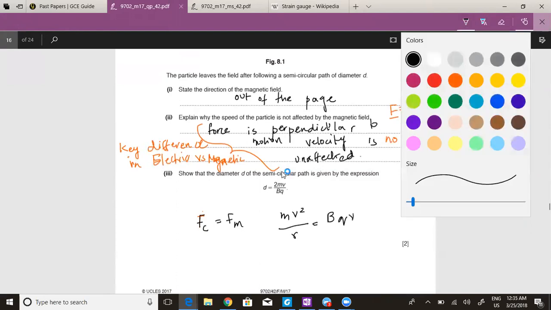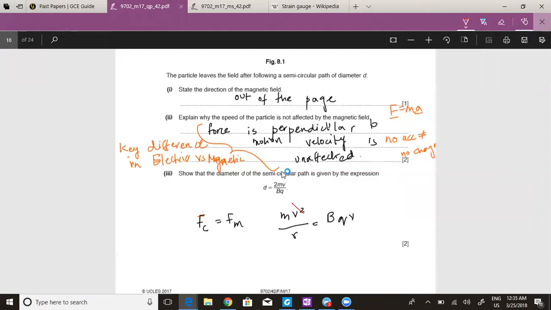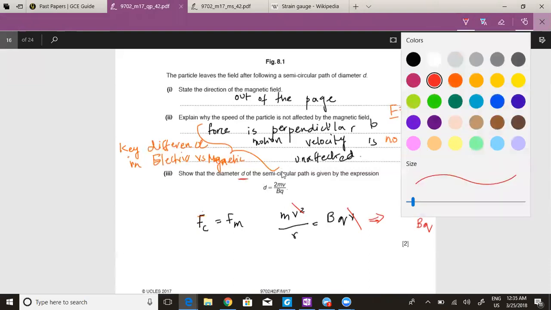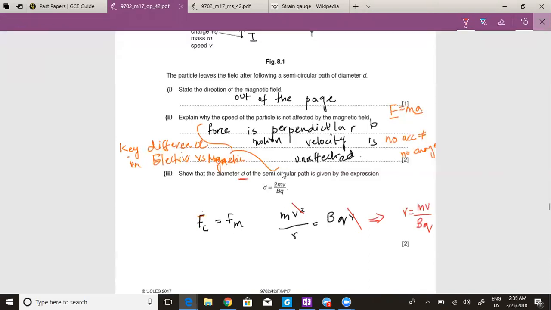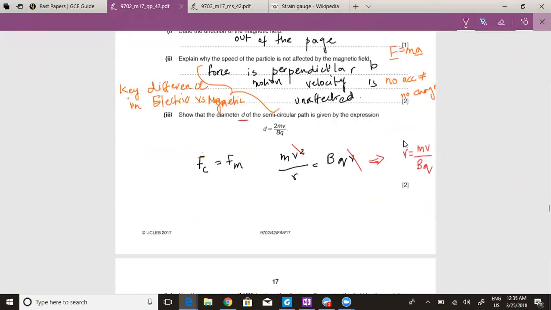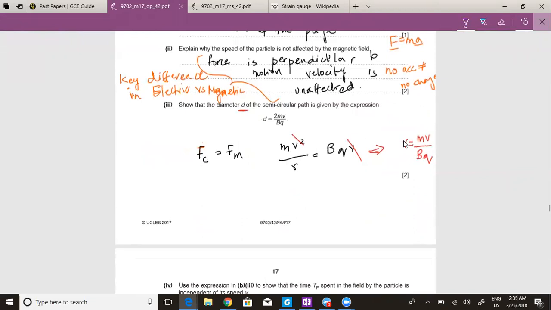So you get r equals mv over bq. And here a lot of you might falter. They're not asking for the radius, they're asking for the diameter. If you remember that diameter is double the radius, so d equals 2mv over bq.